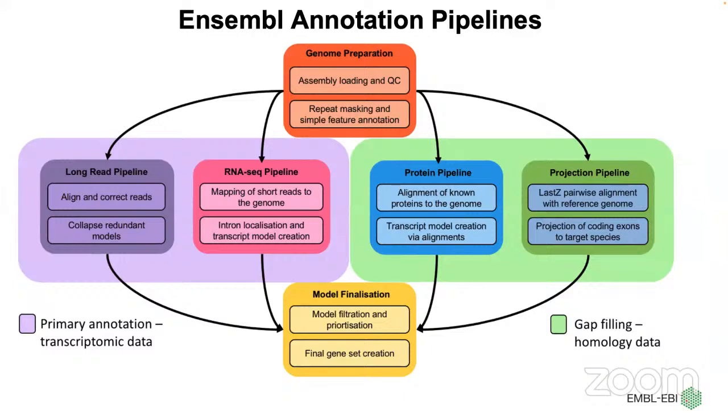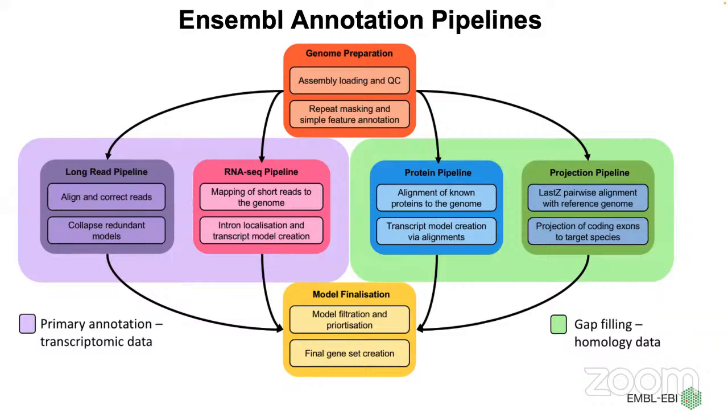It combines evidence from transcriptomic, protein, genome alignments, and projection to come up with a final gene set for the target genome. This is a diagram that represents how the Ensembl annotation pipeline works. I'll quickly explain this, but I'll go into more detail on each of these pipelines further in my presentation.